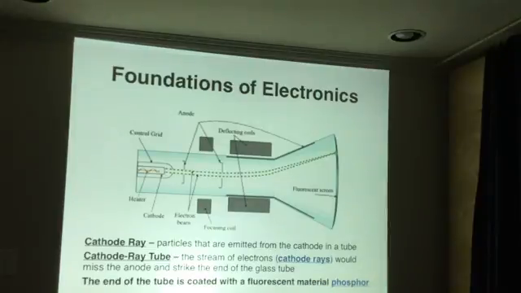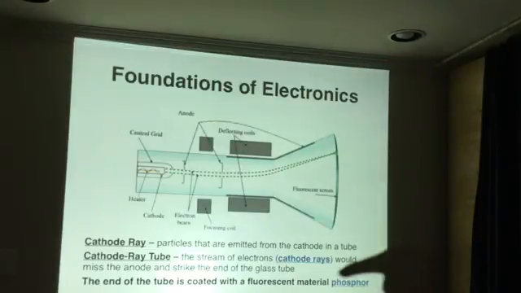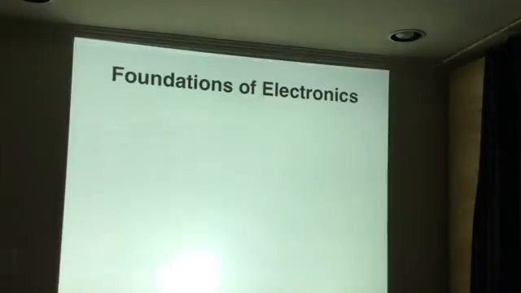Now, the end of this glass tube is frequently frosted or coated with a frosted material, and a common example of that frosted material is called phosphor. A TV picture tube, especially in the old days, is a modified cathode ray tube.